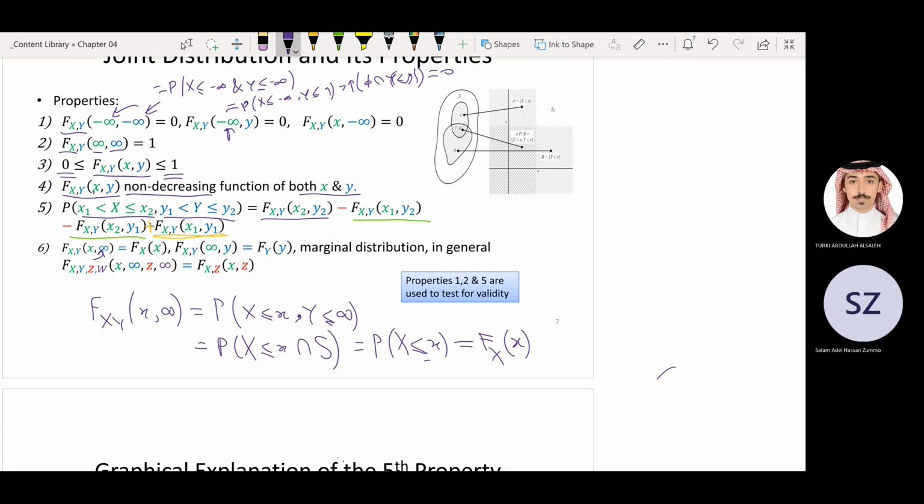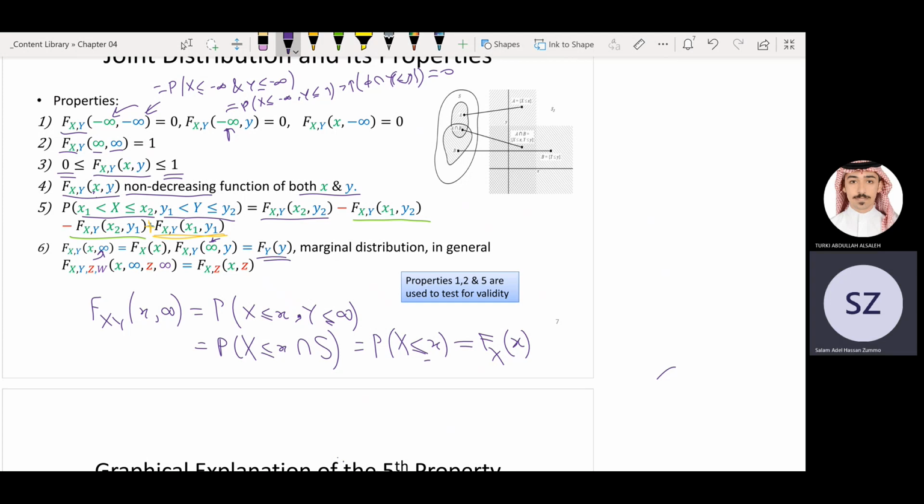Similarly, if I put infinity at the x location, with y any number, then with a similar argument, this will be the probability that x is less than infinity and y less than a specific number, which is y less than a specific number, which is F of y.